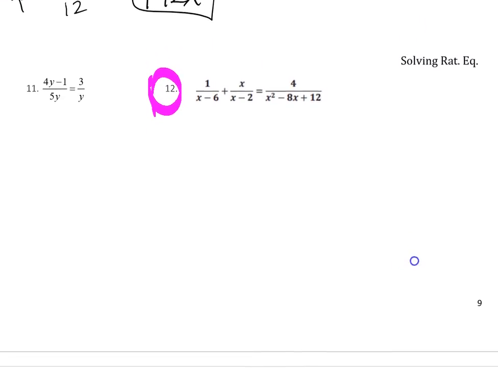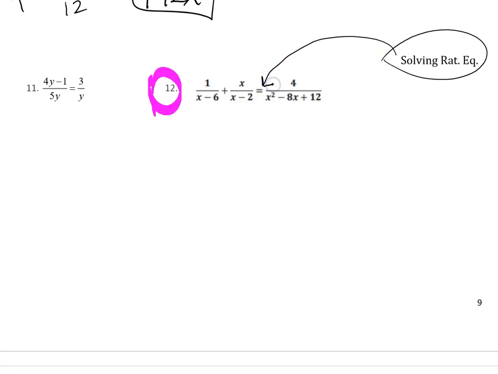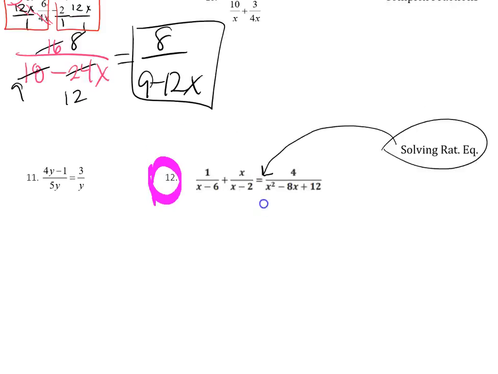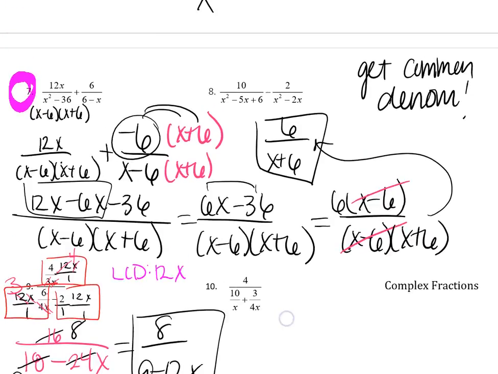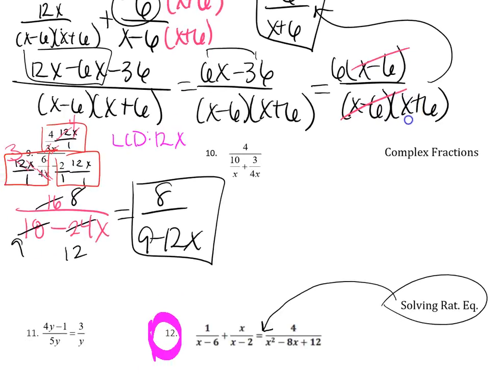All right, last question on this page is solving rational equations, which means there's an equal sign in there. So do not confuse this with expressions. So this is a rational expression, not an equation, because it doesn't have an equal sign.